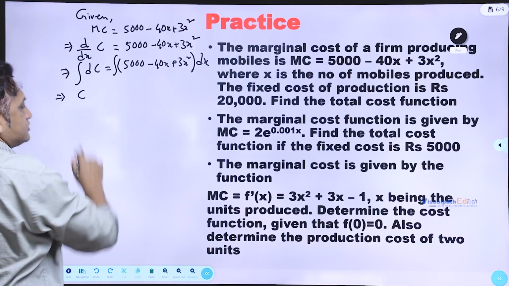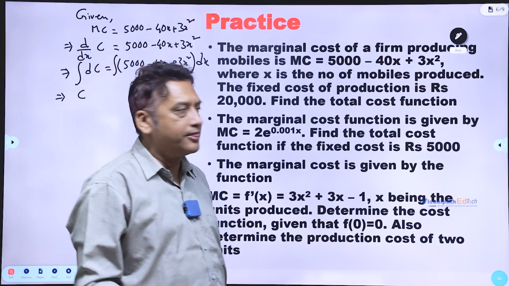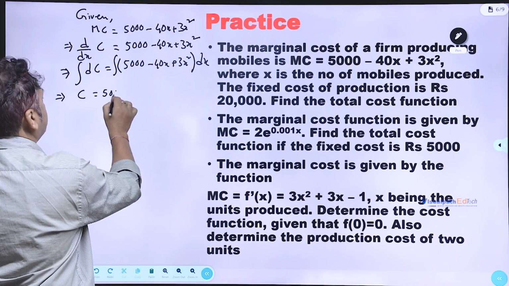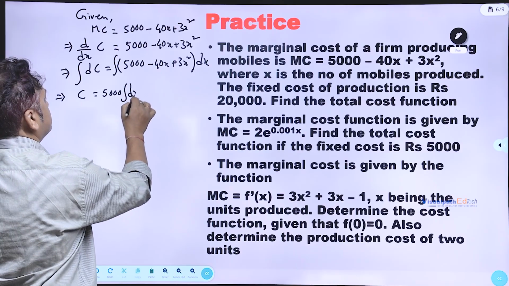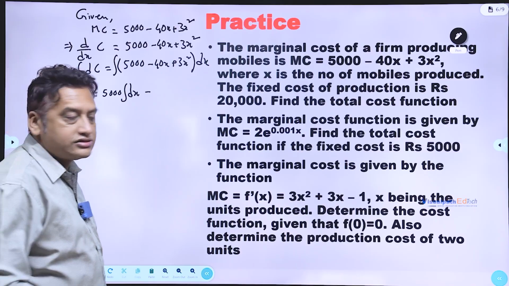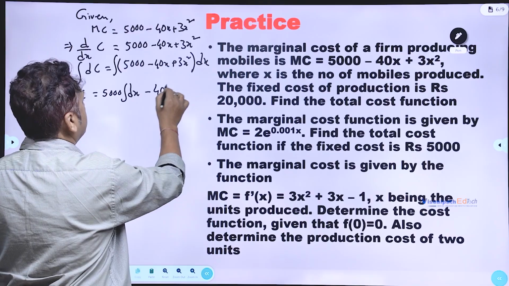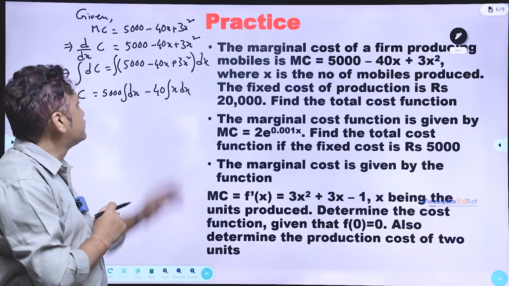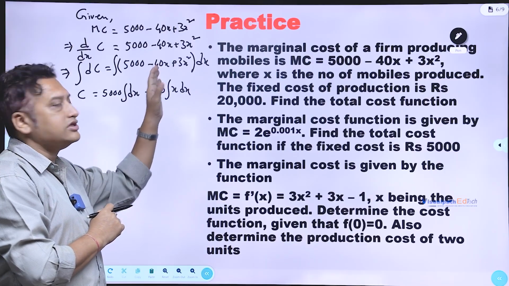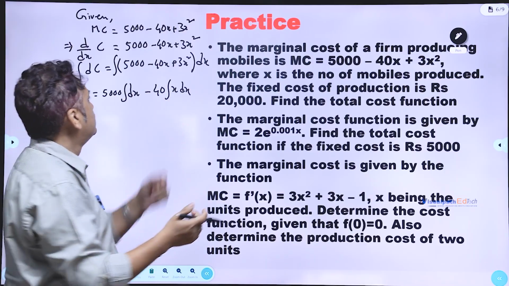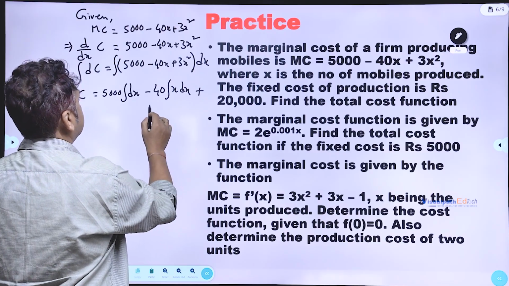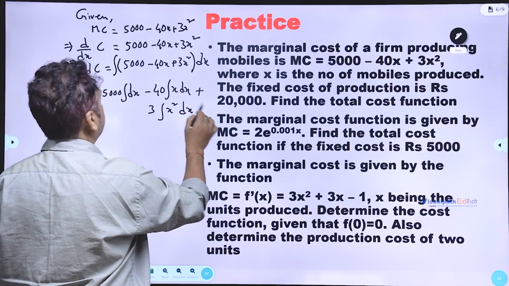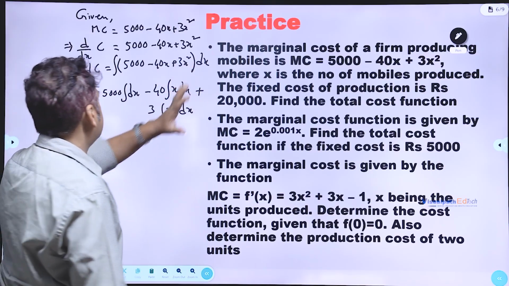On this side we get C, because the integration of dC is C. On the right-hand side, we get 5000 times the integral of dx, minus 40 times the integral of x dx, because 40 comes out and what remains inside the integral sign is x dx, plus 3 times the integral of x squared dx. This is how we have split the integral.